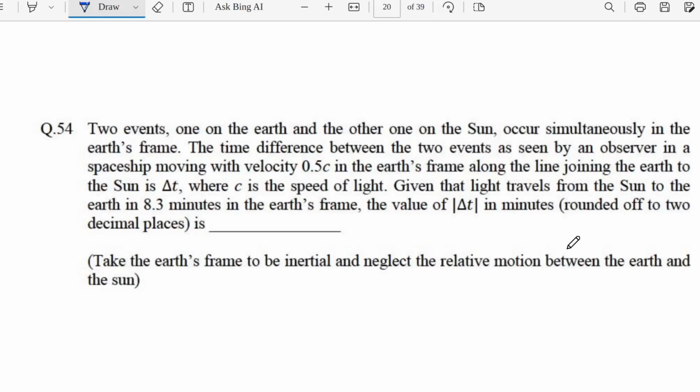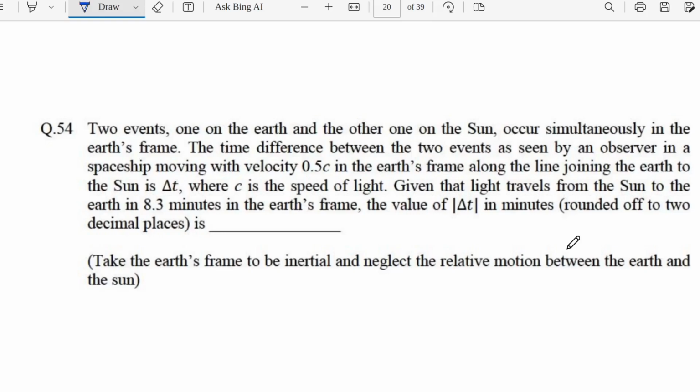Two events, one on the earth and the other one on the sun, occur simultaneously in the earth's frame. The time difference between the two events, as seen by an observer in a spaceship moving with velocity 0.5 c in the earth's frame along the line joining the earth to the sun, is delta t, where c is the speed of light.